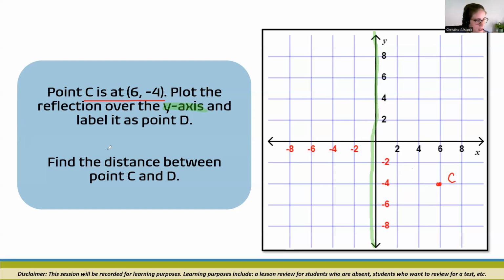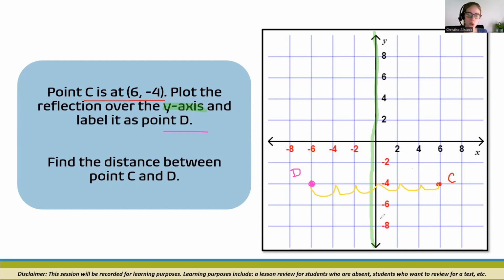If I choose to figure this out by counting, I'm 1, 2, 3 spaces away from my y-axis. So if it's a perfect reflection, it's going to be 1, 2, 3 spaces away on the other side. And we were told to label that as point D. So that's how you could use the graph to figure it out.